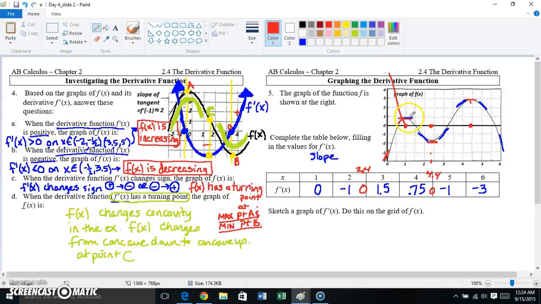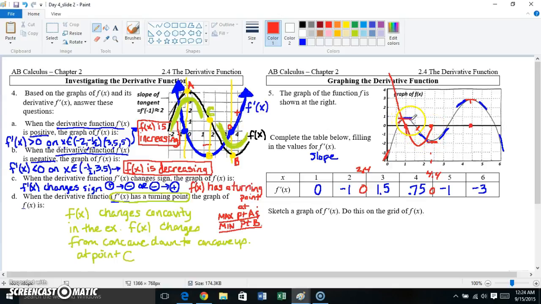What's happening between 1 and 2.4? The slopes are negative. Okay, somewhere in here, maybe it's about in the middle, I'm going to have the biggest negative slope. So maybe at like 1.5, the slope is as low as it's going to go. And then the slope stays negative, but it's got to go back to 0.